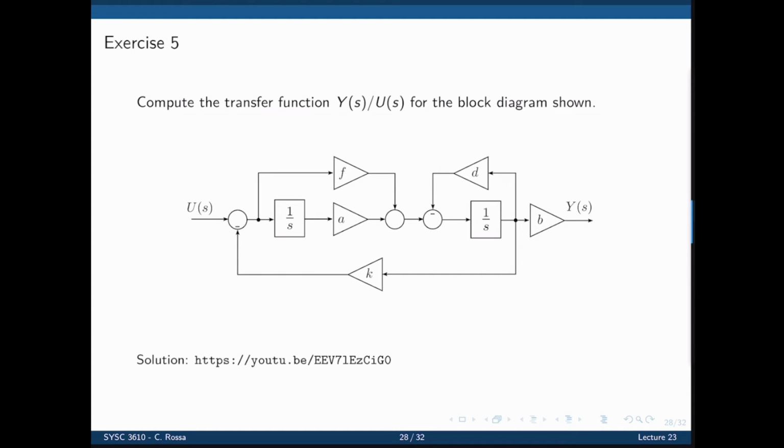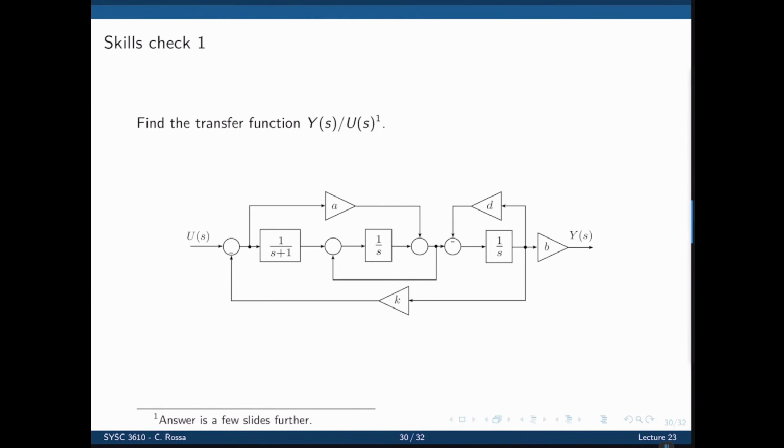But this one should be relatively simple. This is exercise number 5. And I think I put this one in our final exam, if I remember correctly. There's another one here that came from a midterm exam. This one, skills check 1. I'm sure this was in a midterm.